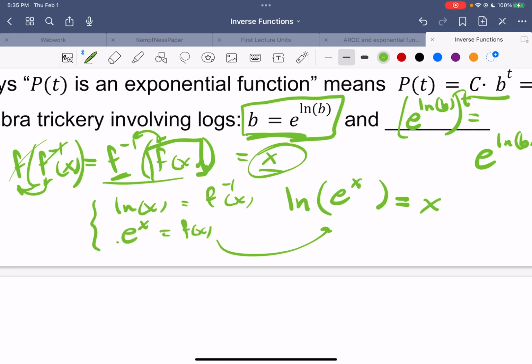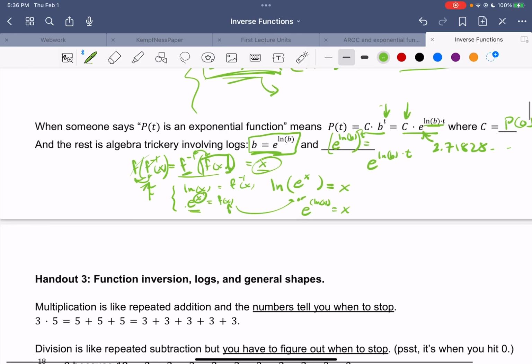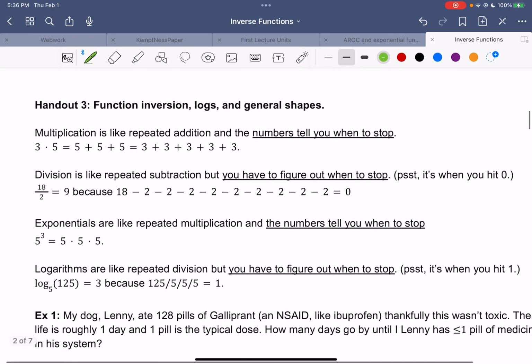Or if the e function comes first, I have e to the ln of x, and what's that equal to? x again. That's because these are inverse functions. We'll talk a bit more about them. Let's talk about logs. It'll be an example of inverse functions, but then we'll do them in generality.